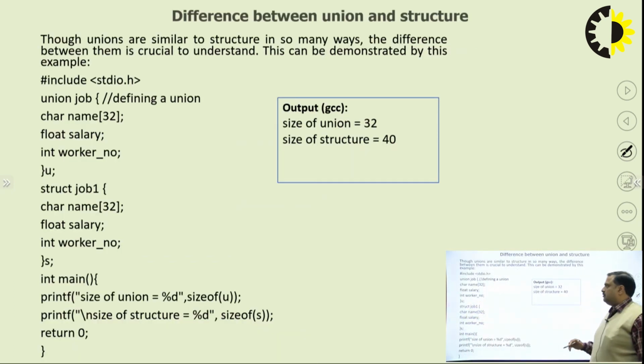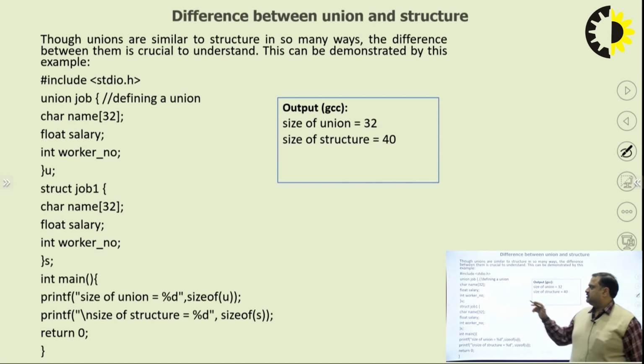So again, to better understand the difference between union and structure, the programming part or the syntax part for a union is quite similar. First let's try to understand how unions are created.